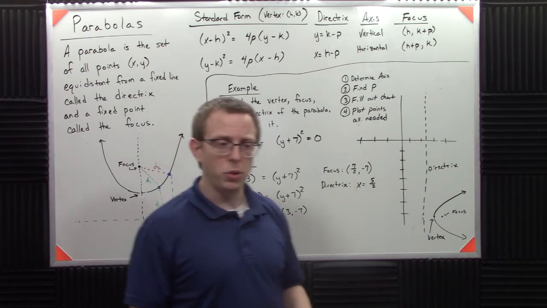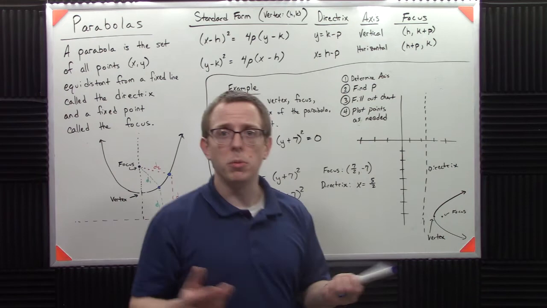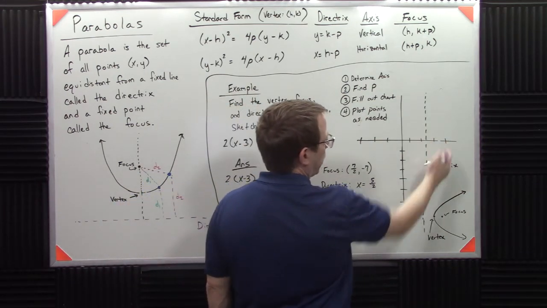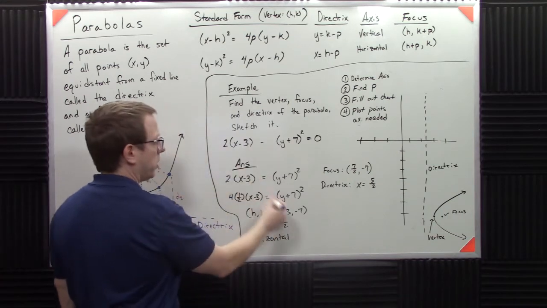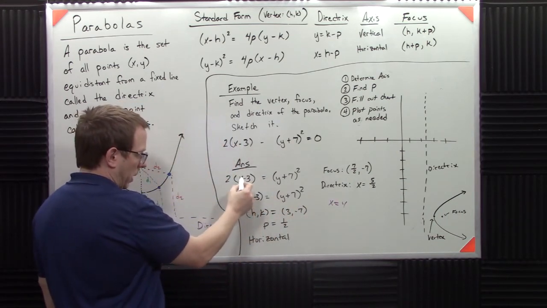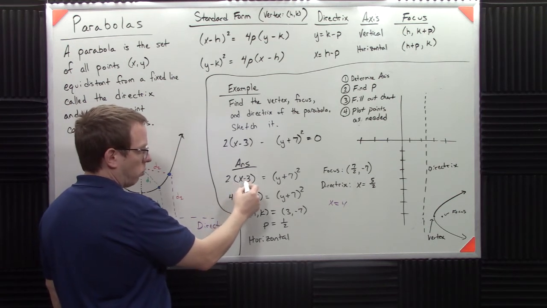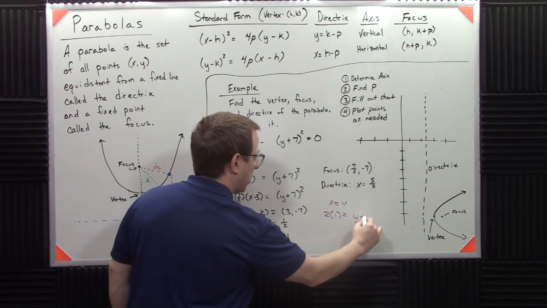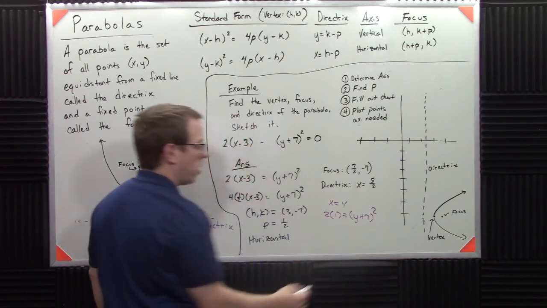Things you might want to do would be, let's plot some other points, right? So I say, okay, well, what do I need to do? What about when, like, x is 4? So I could go to this thing, and I say when x is 4, that's going to be 2 times 1 equals y plus 7 squared.